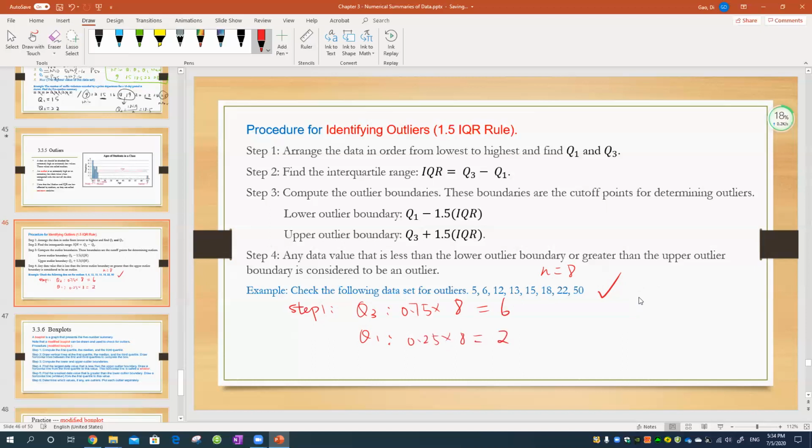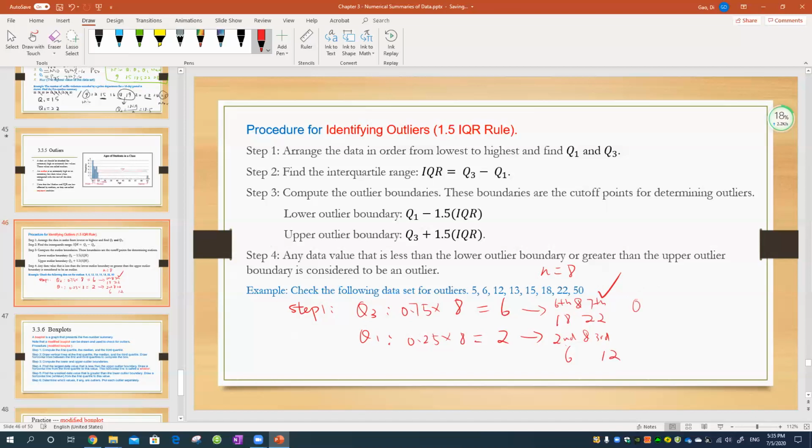And since they're all integers, then we're looking at the 6th and 7th values for Q3, and the 2nd and 3rd values for Q1. So the sixth ordered number is 1, 2, 3, 4, 5, 6, 18. And the 7th is 22. And then the second one is 6. The third one is 12.